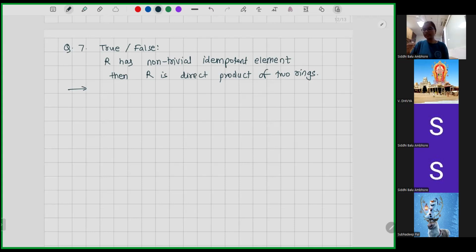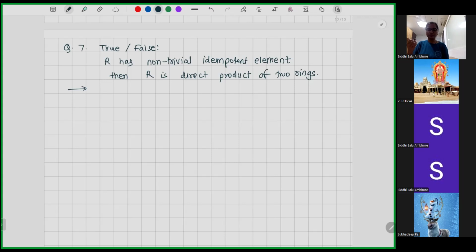When we say that R is a direct product of two rings, it means that we want to show that R is isomorphic to a direct product of two rings. I mean, if you can show that it is exactly equal, that's okay, but isomorphism is good enough. And it need not always be equal.